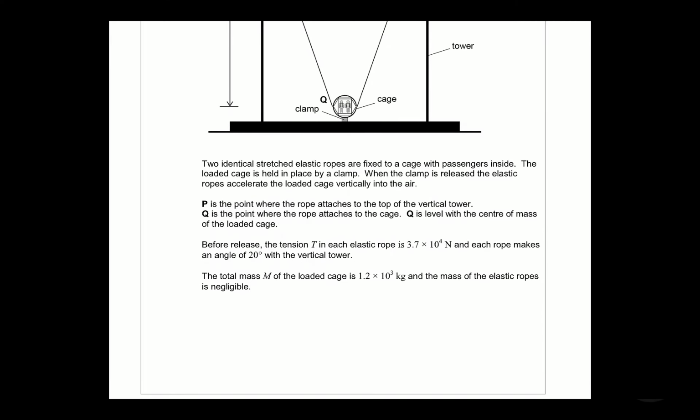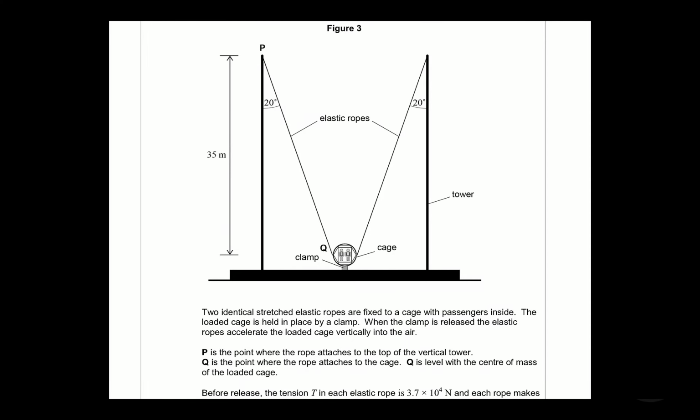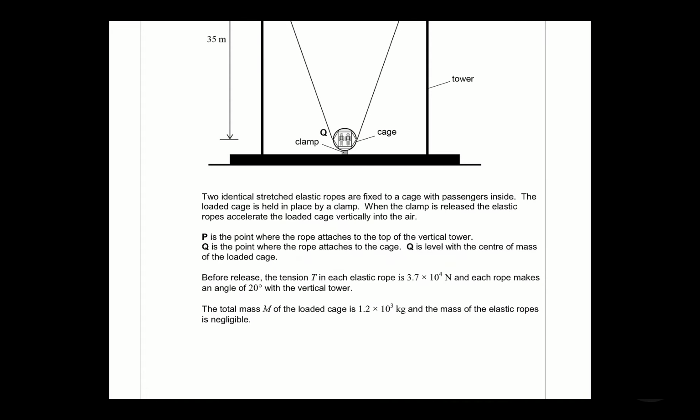Alright, some more information about it. All of our measurements seem to be just center of mass. So we have a tension of 3.7 times 10 to the 4 newtons, an angle of 20 degrees with the tower, and the mass of the loaded cage is 1.2 times 10 to the 3 kilograms.